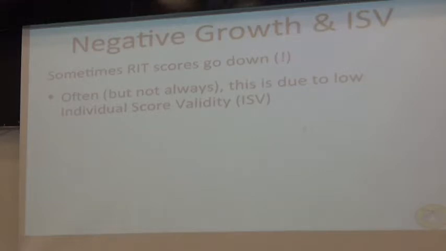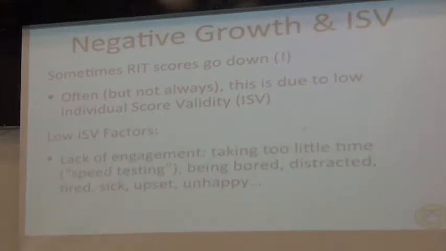Individual score validity. Now, please understand, I'm not just throwing away the whole idea. The tests matter, the scores matter, but we often find that there's some noise in the tests. And individual score validity, there are all sorts of reasons for this. Think about why you might do poorly on a test. If you don't care about it, you're not engaged.